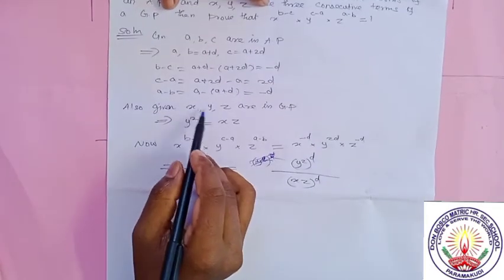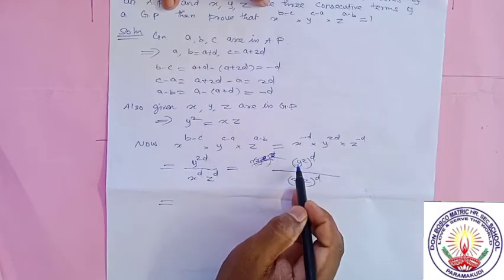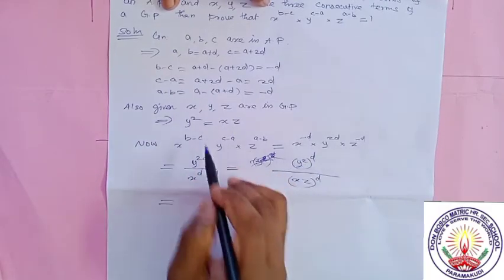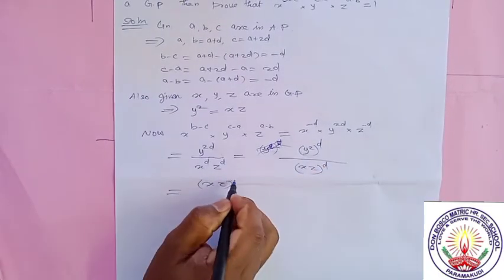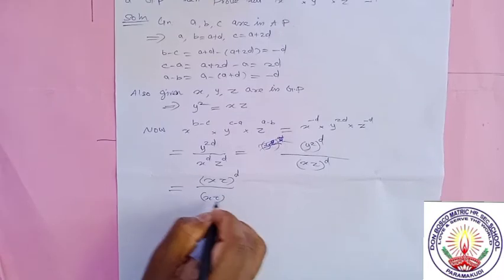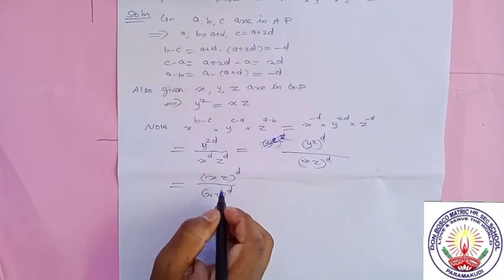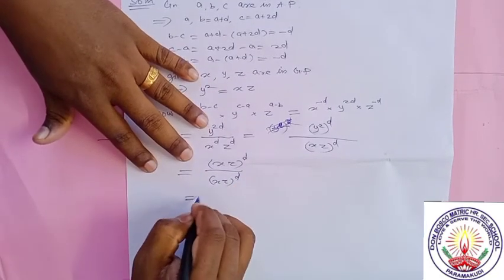Already we have written, if X, Y, Z are in GP, Y square is equal to X into Z. Now we can write this Y square is equal to X into Z. Therefore X Z whole power D divided by X Z whole power D, same number, cancels, which is equal to 1.